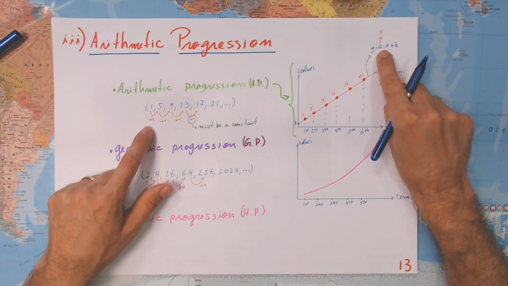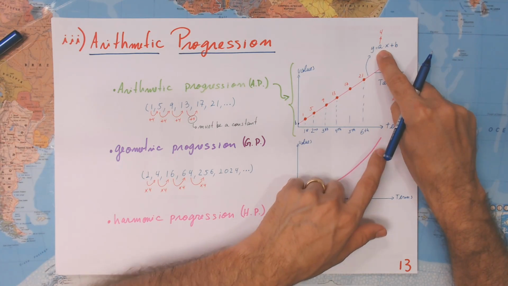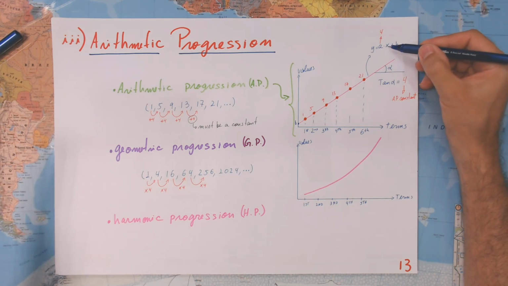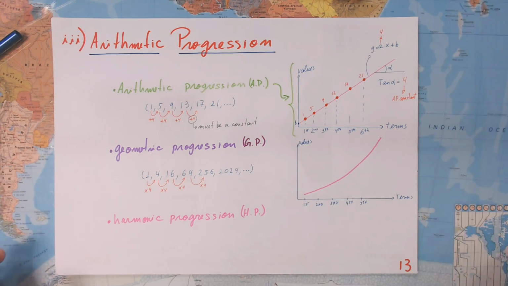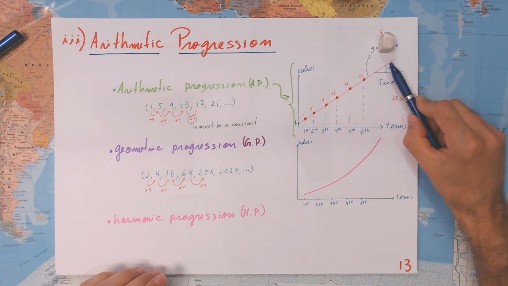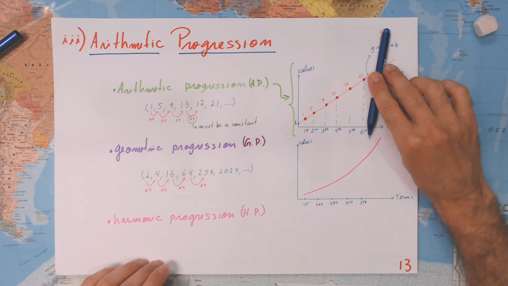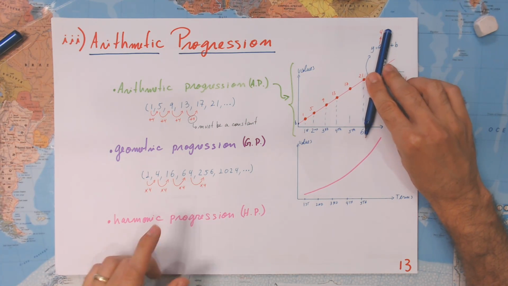Because when x equals 0, we zero this term in here, and y equals b.